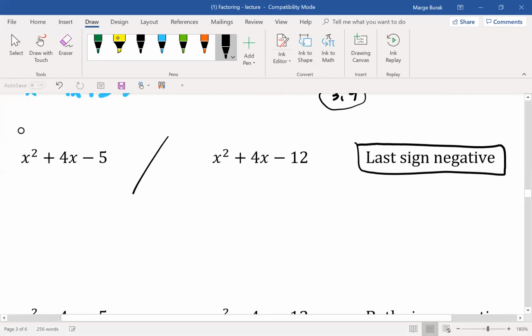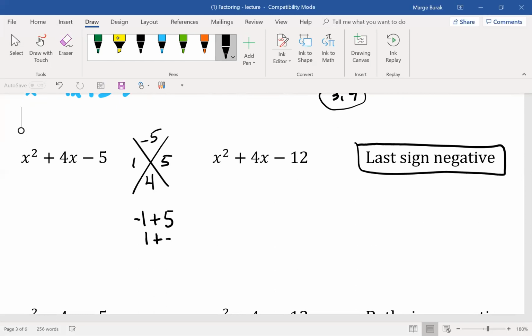Okay, so let's take our x squared plus 4x minus 5. It's only 1 times 5. There's only two numbers that multiply to 5. But the question is, I need a sign on one of those because it needs to be a positive 4 when I add them. So it's either going to be -1 plus 5 or 1 plus -5.